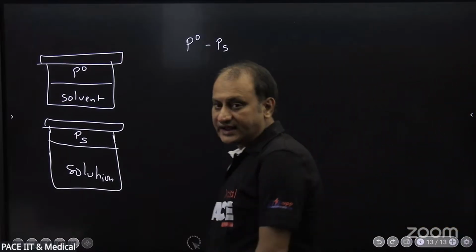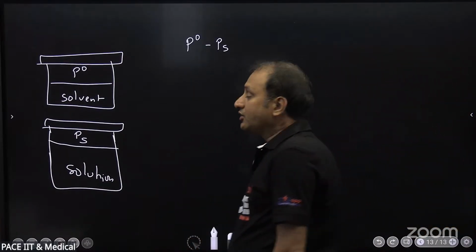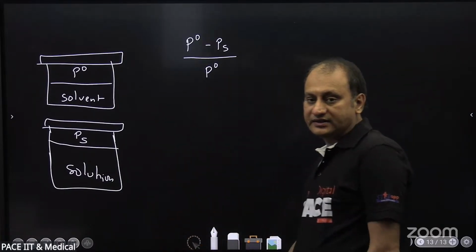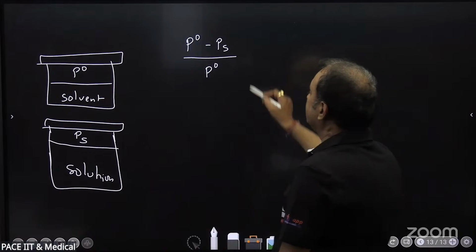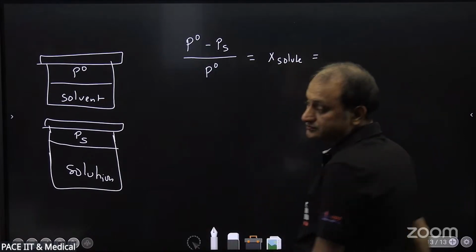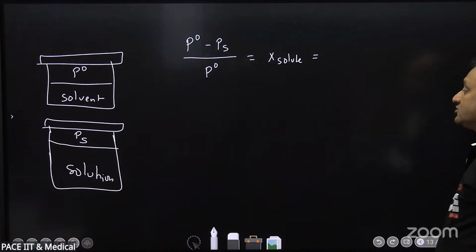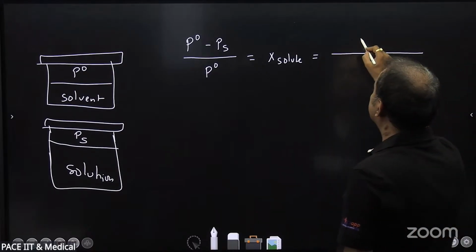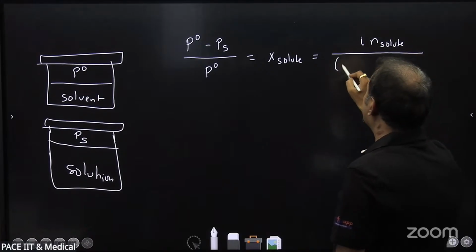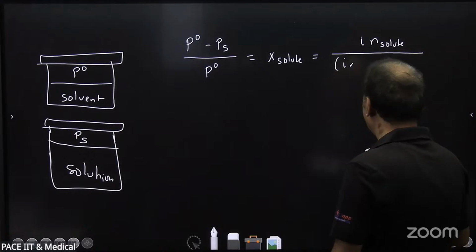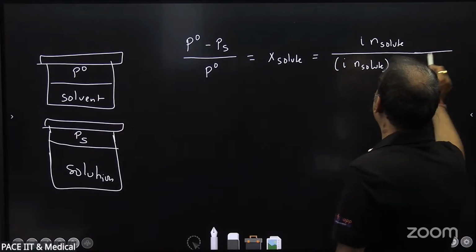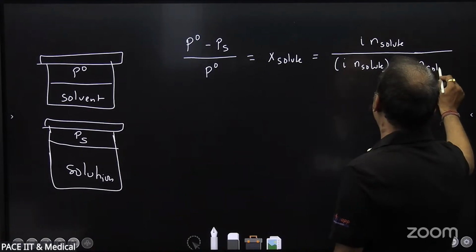So Raoult's law is saying that the relative lowering of vapor pressure, that is (P naught minus Ps) upon P naught, is equal to the mole fraction of solute, which you can take as i multiplied by moles of solute upon i multiplied by moles of solute plus moles of solvent.